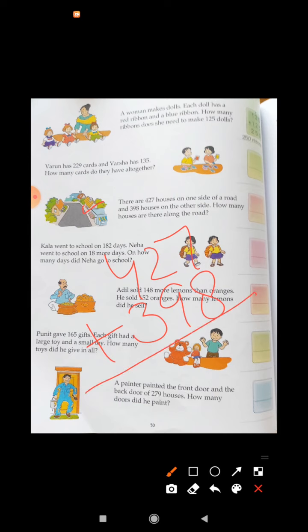Add together. First we will add the ones. 7 plus 8 is 15. Write 5 here. 1 carry. Now add the tens. 9 plus 2 is 11. 11 plus 1 is 12. Write 2 here. 1 carry. Now add the hundreds. 4 plus 3 is 7. 7 plus 1 is 8. Now 825 total houses are there along the road.